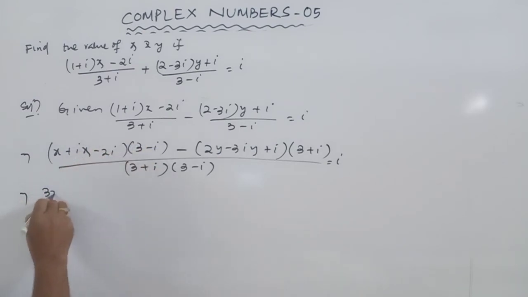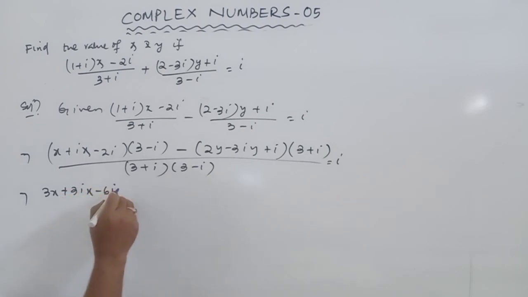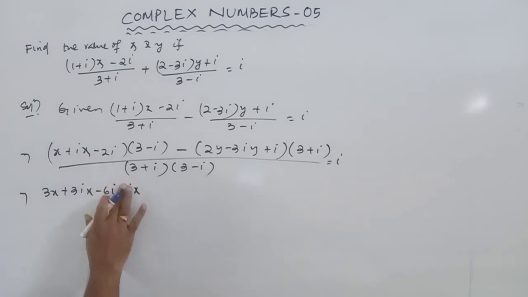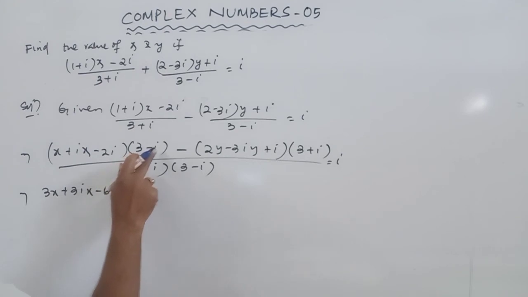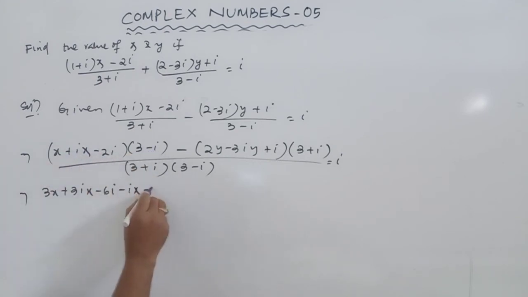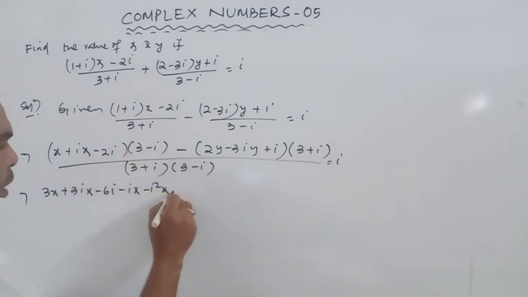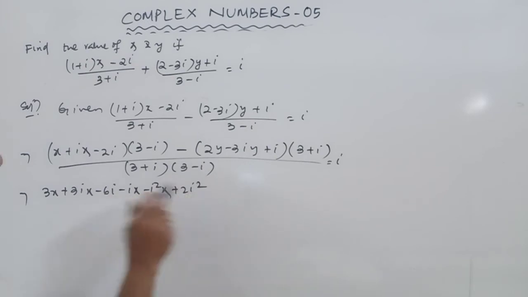So this is 3x + 3ix − 6i, and then minus ix, sorry, minus i into x, minus ix, this is minus i square x, plus 2i square, that is 6 terms.